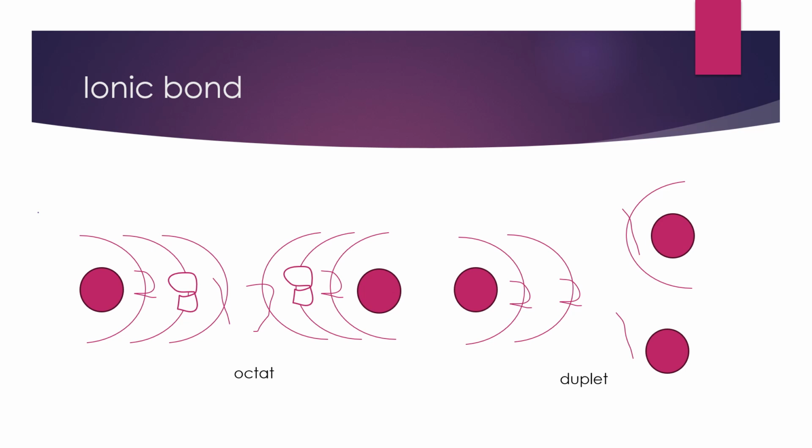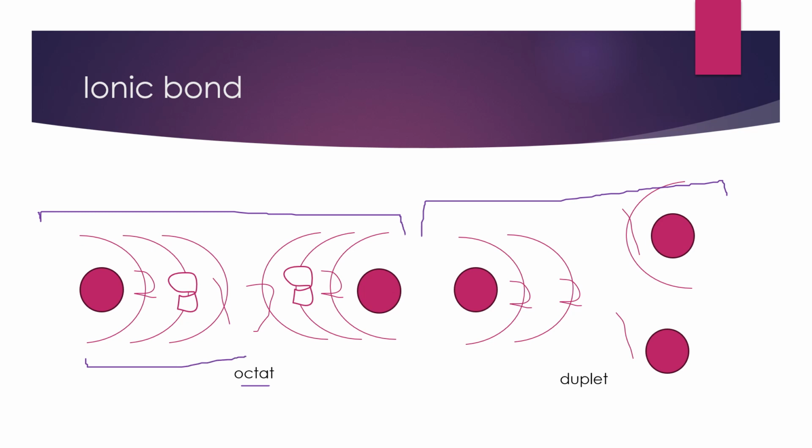Now this is a figure by which it will be easier for you to understand the duplet and octet system. Now this is an octet system. How? This can be considered as an individual atom and this is another atom. Now these are two atoms.